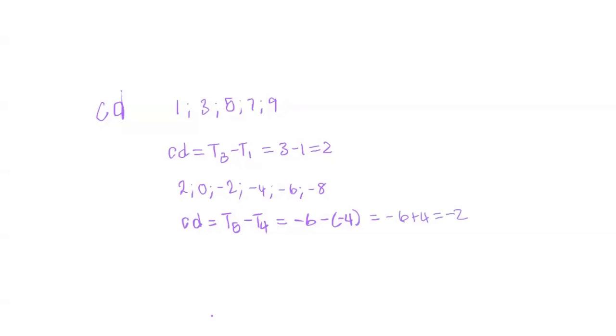So that's how you find your common difference in an arithmetic sequence. Now we're going to move on to derivation of the formula. So you first start with T1 is equal to A. So your first term is A, right?